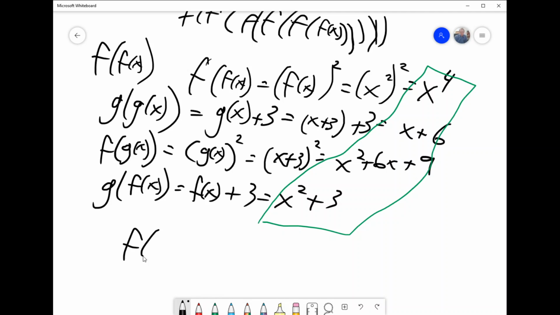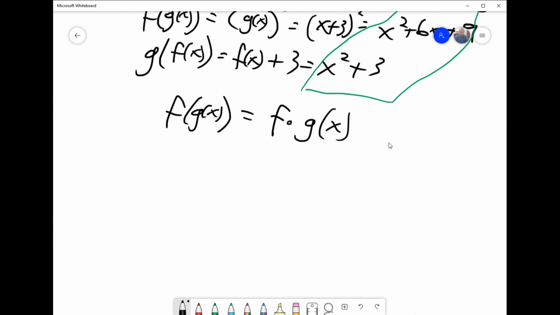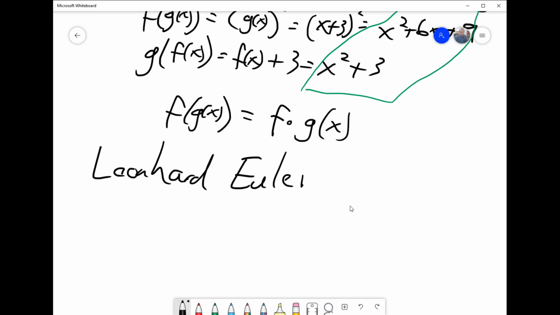We'll also introduce some new notation for it, where this is f of g of f of x. I say new notation, it's actually the older notation. We were already doing compositions with this notation before Leonhard Euler, that name that you have heard from me so often in class and will hear from me many, many more times just because he did so much.